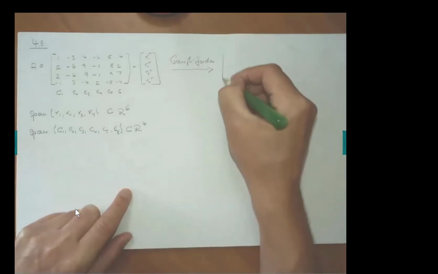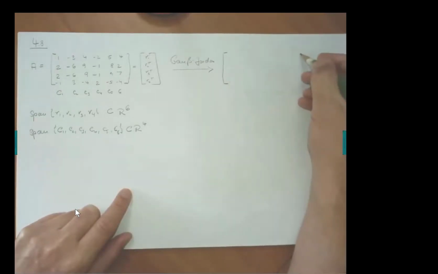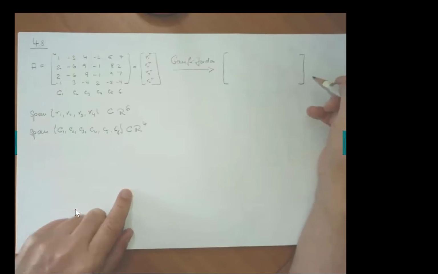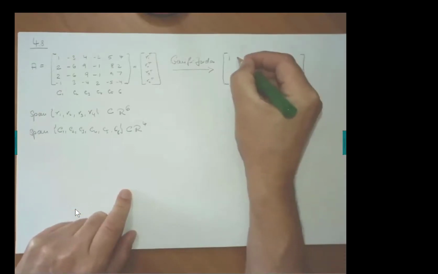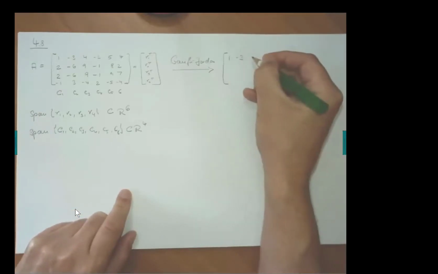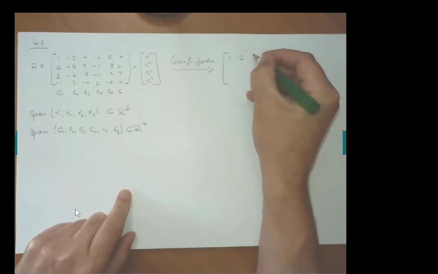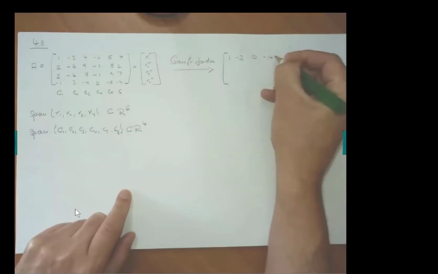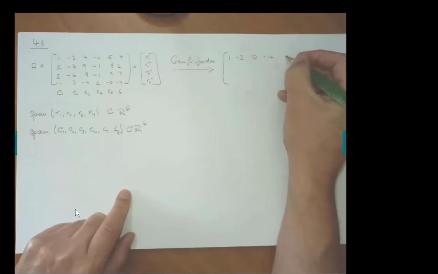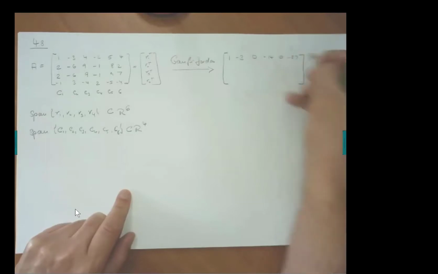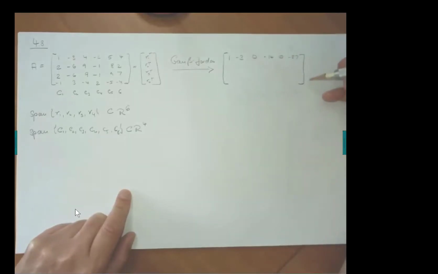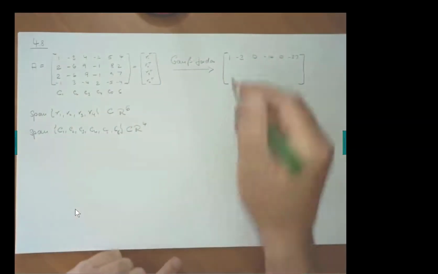Again, I write it down. Hopefully that's enough space. We ended up with 1, -3, 0, -14, 0, -37. There was a 0 column here, which I don't write. The 0 column would come from your right-hand side, but for the moment I skipped this.